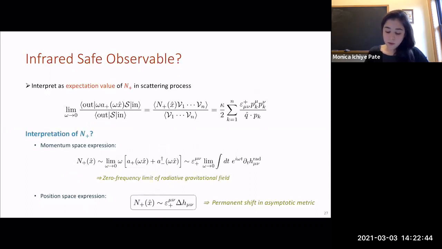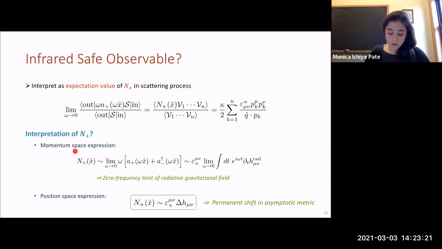Well, if we multiply and divide this ratio by the hard part of the S matrix, we can then interpret it in terms of ordinary S matrices, and we see it's the ratio of these two S matrix elements, which we can interpret as telling us the expectation value of this operator in some scattering process. Okay, so that's one meaning of this observable, but of course, to really understand what that means, we need to know what this N plus is.